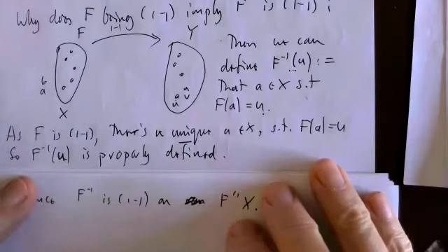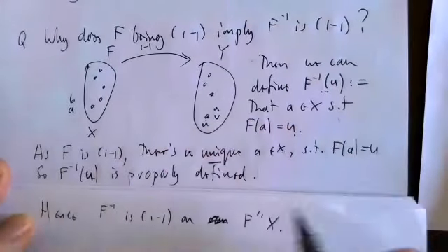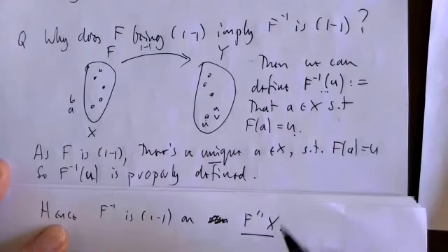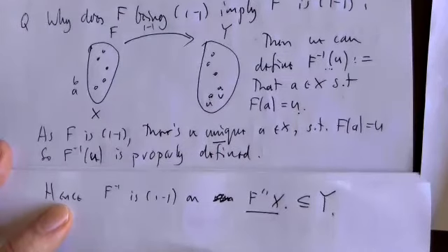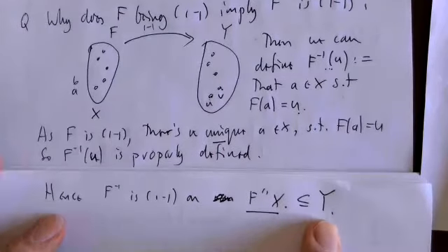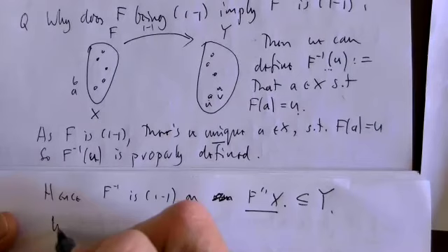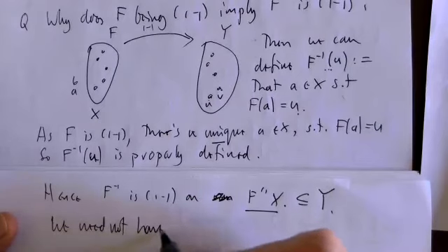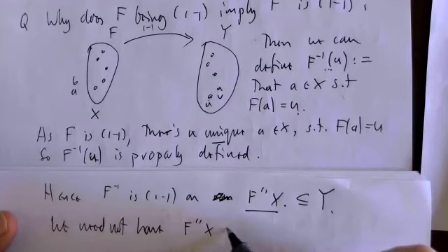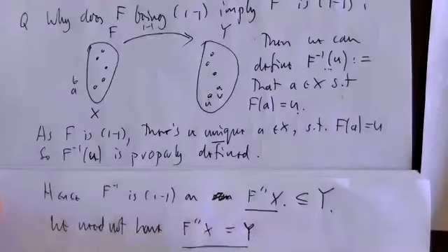Okay, so again, the range of f on x is contained in y. It needn't be all of y. So we need not have that the range of f on x equals y. It could be a proper subset of y.